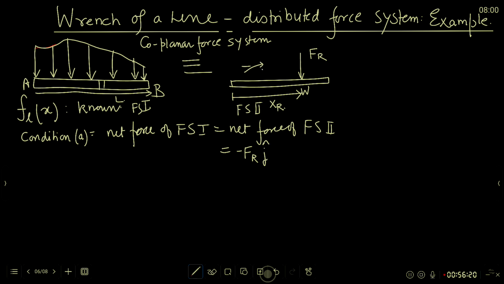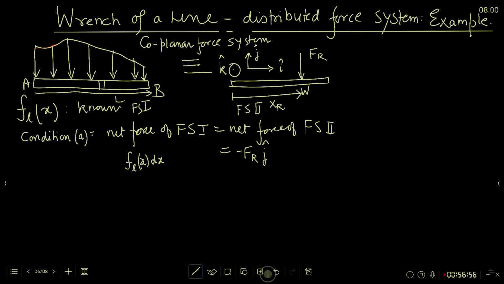Take this as I direction and we will take this as J direction. K is coming out. What is the net force in Fs1? The net force in Fs1 can be found as Flx dx. What is x and dx?